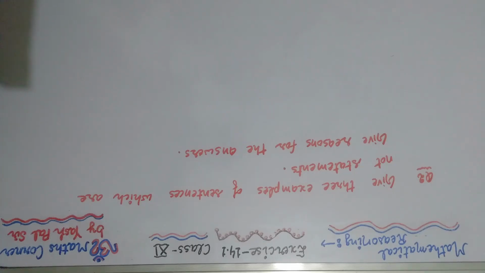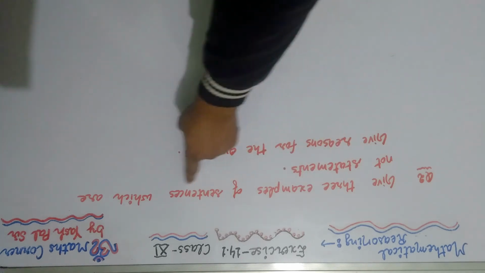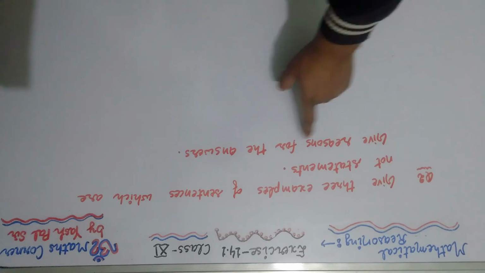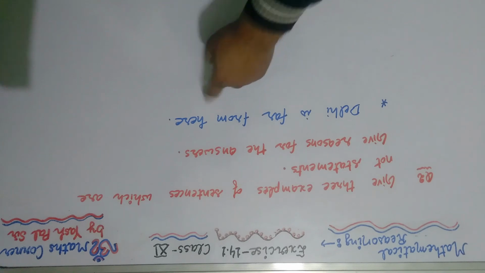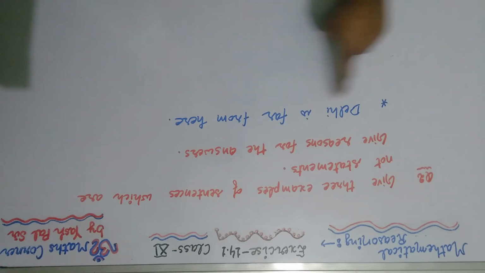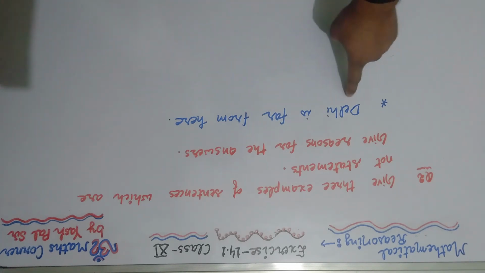Now, question number 2: Give three examples of sentences which are not statements. Give reasons for the answers. We have so many examples. Out of those, one is: Delhi is far from here. We don't know what "here" is, so this sentence is ambiguous, and we cannot declare this as a mathematical statement.